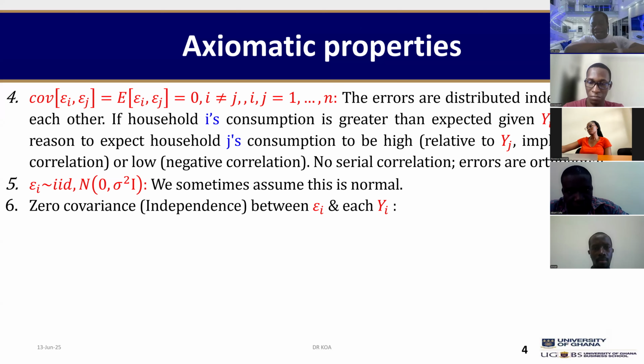Let's take for example, your income is affecting your consumption, just as we are seeing here. So your income is an independent variable, your consumption is the dependent variable. The moment your income goes up, your consumption increases. And then somebody comes to it.